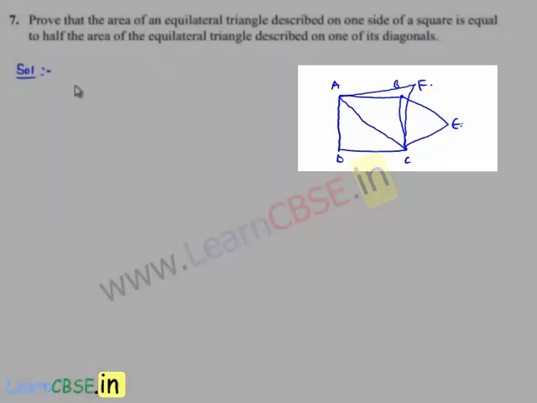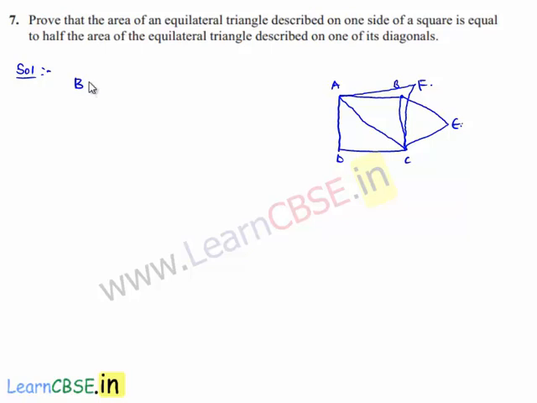Then here, as BC is an equilateral triangle, BC will be equal to CE will be equal to EB, and as ACF is an equilateral triangle, AC will be equal to AF will be equal to CF.